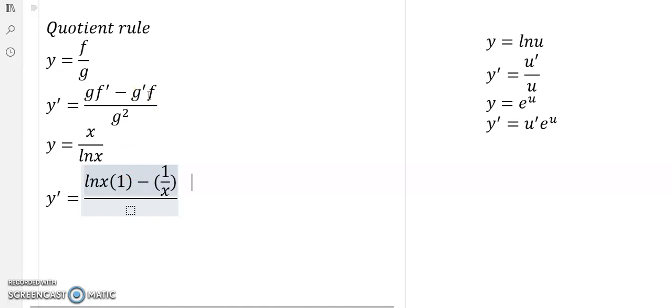F is x divided by ln squared, then it will be ln x to the power 2, yeah, just like that, which is equal to, here we will be left with ln x.